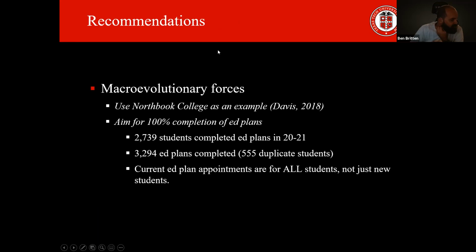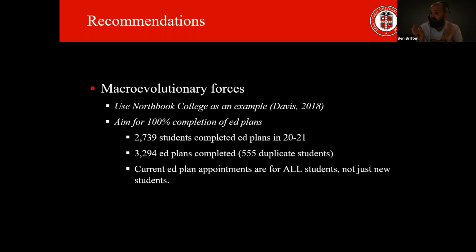So the macro evolutionary forces for Midcoast College would be looking at Northbrook College, which is another college in California, for example, or the governmental lens, which is aiming for 100% completion of ed plans. So if we look at the data of Midcoast College, we see that in 2021, approximately 2,700 students completed their ed plans, when there were almost 3,300 ed plan appointments completed, so we had 555 duplicates.